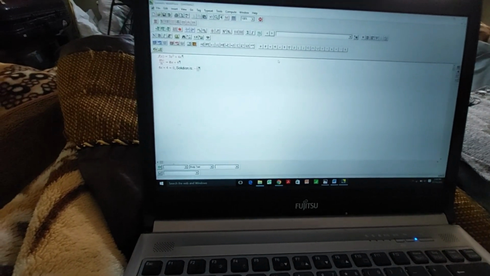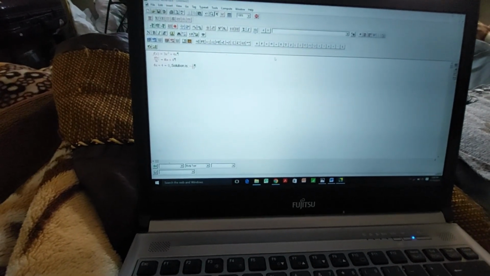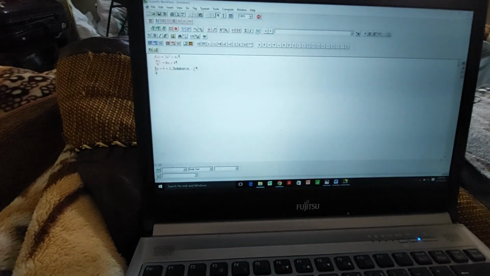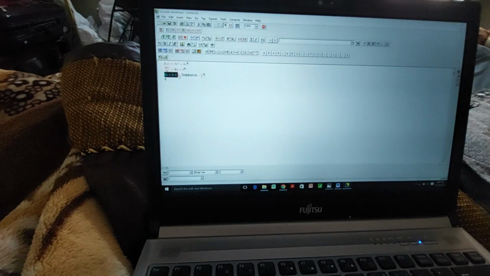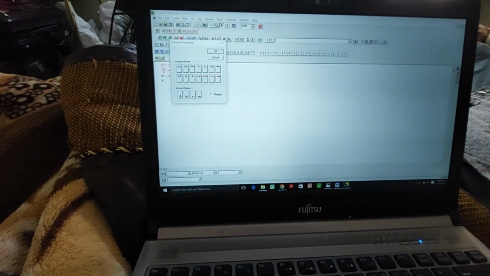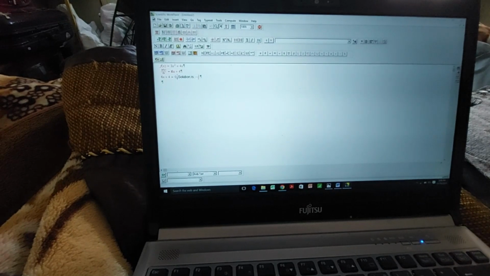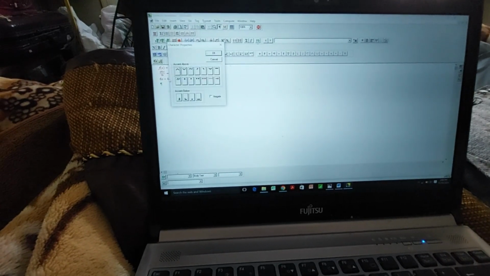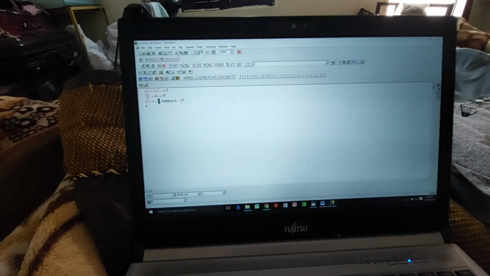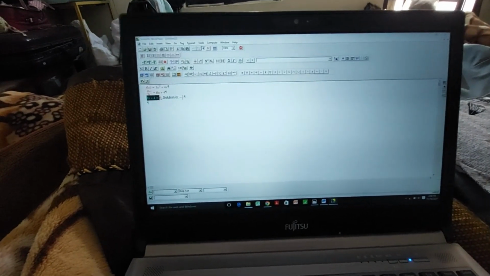Another thing we can do is write the equation in the next part.